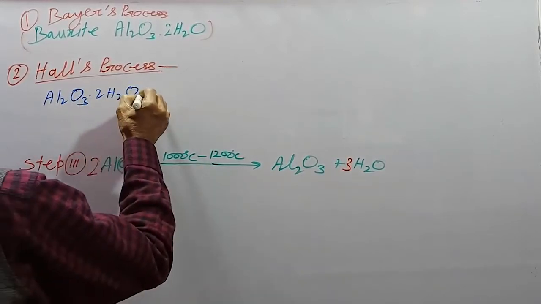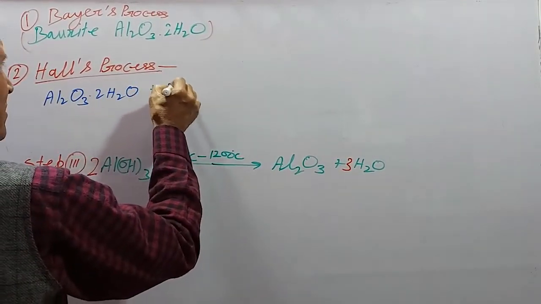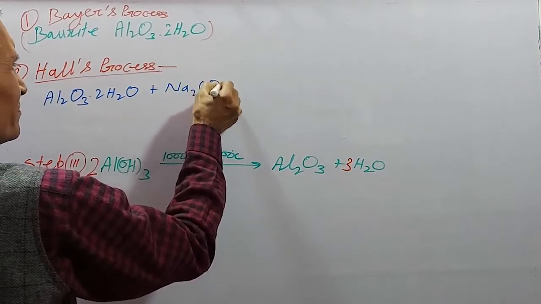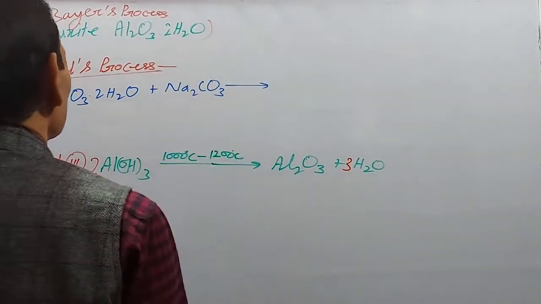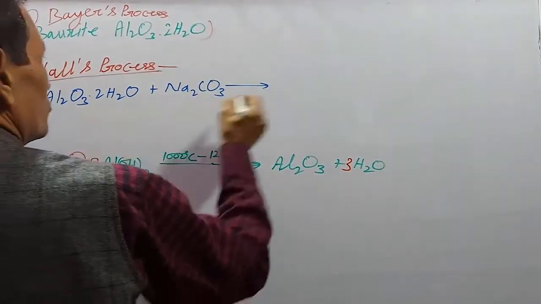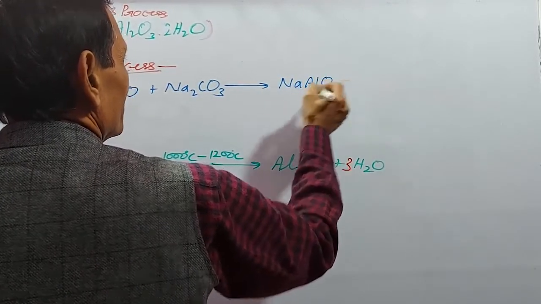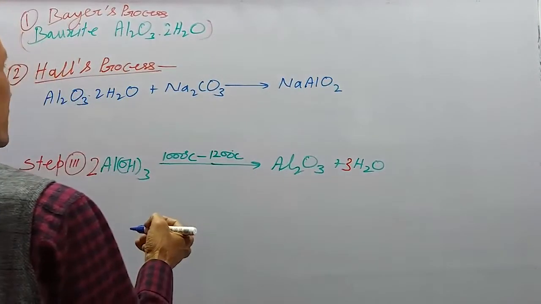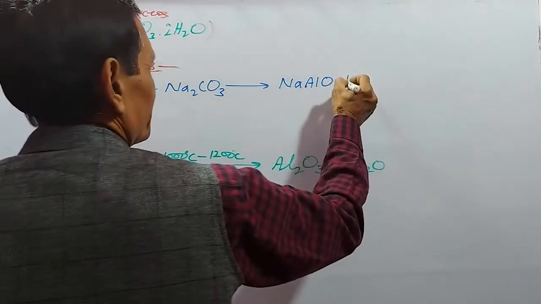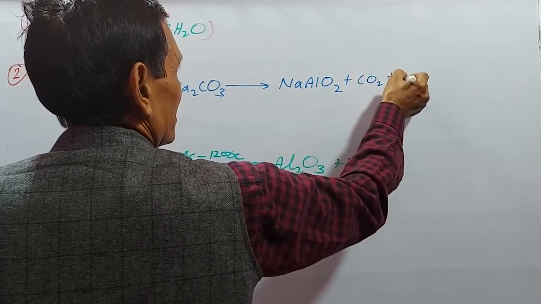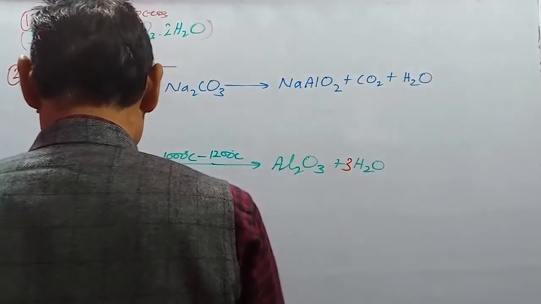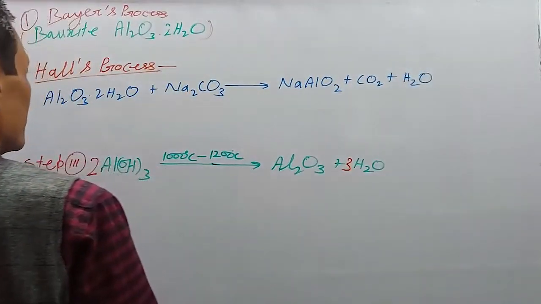is crushed and fused with sodium carbonate to convert it into sodium aluminate, that is sodium meta-aluminate, and now balance the equation.